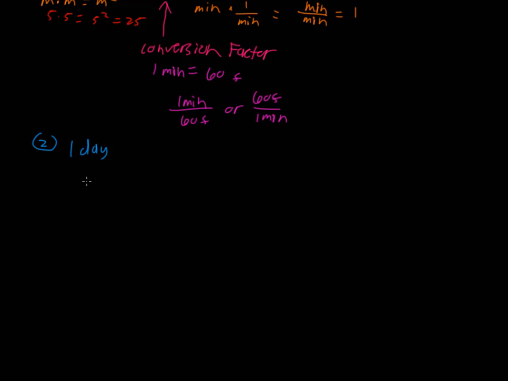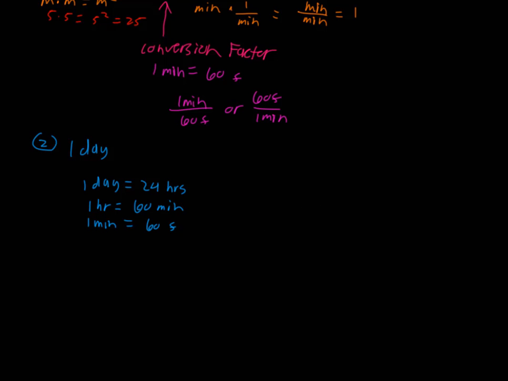That's just the process of it. So let's think of some equalities that we could turn into conversion factors. We know that in 1 day, there's 24 hours, right? And then we also know that in 1 hour, there's 60 minutes, and that in 1 minute, there's 60 seconds.